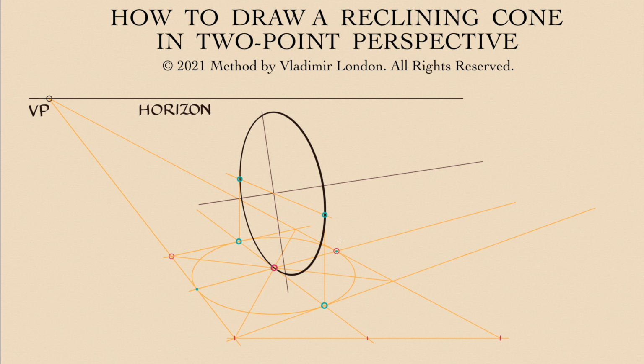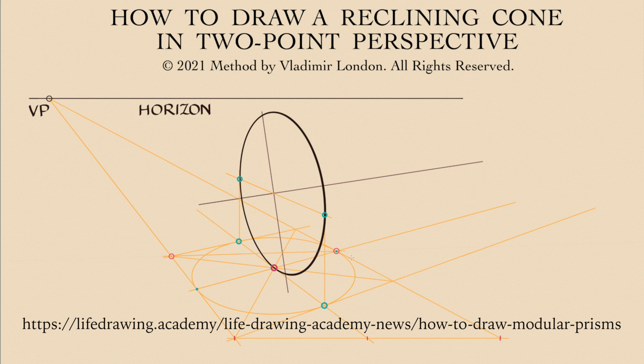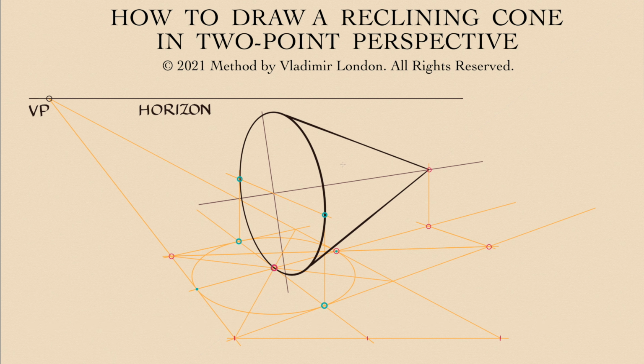Now let's make this cone a modular cone. What is a module and how to draw modular objects is explained in this video. The link is in the description. The height of this cone is precisely 1.5 times greater than its base diameter. In this case, the module is equal to the cone's radius.